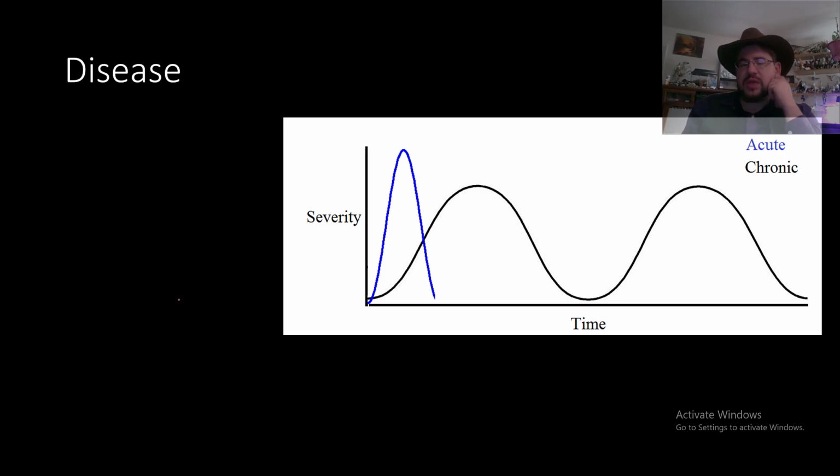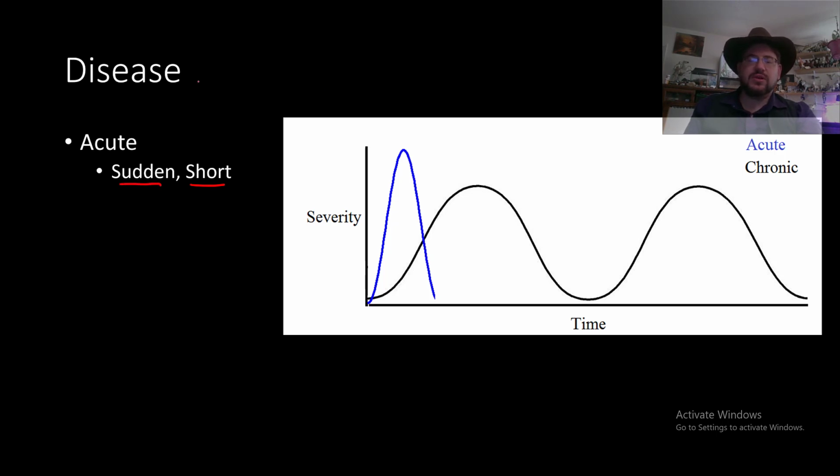All right? When we talk about diseases, we will often talk about whether a disease is acute, chronic, or both. An acute disease, or the acute phase of a disease, is where you have a sudden onset and a short duration, right? So the disease comes on suddenly and it's relatively short in duration.